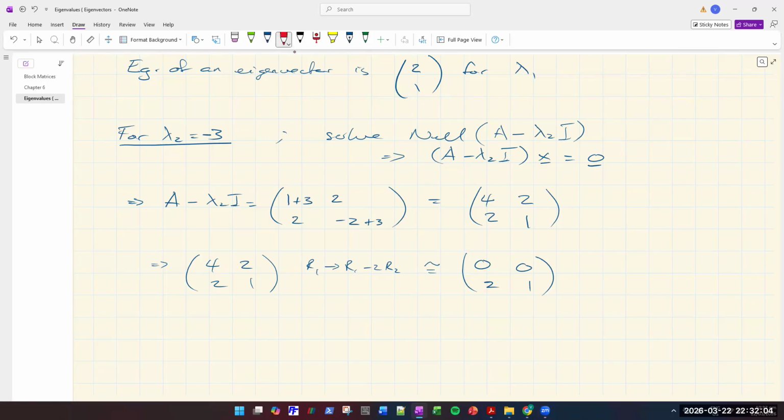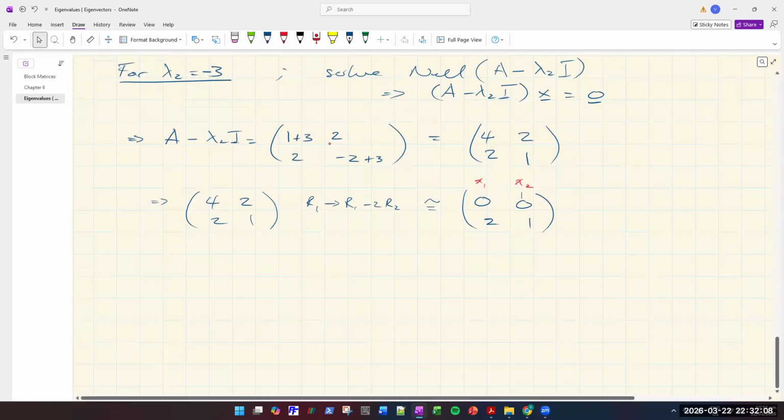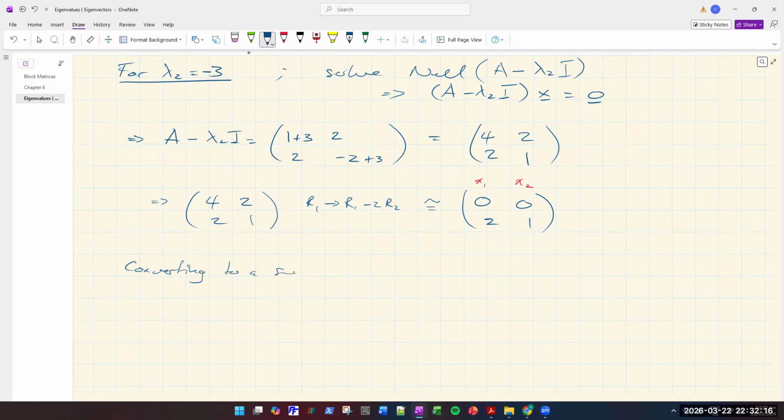And like before, this is x1 and this is x2. So convert back to a system of equations, which gives 2x1 plus 1x2 equal to 0, right? It's always equal to 0.